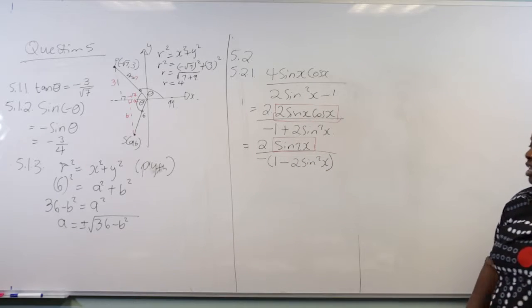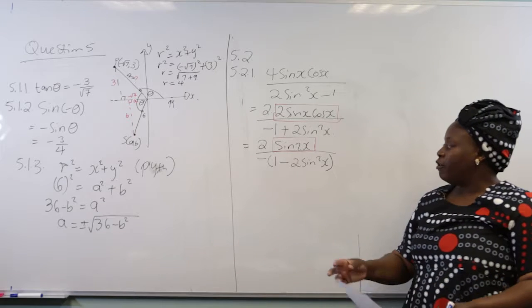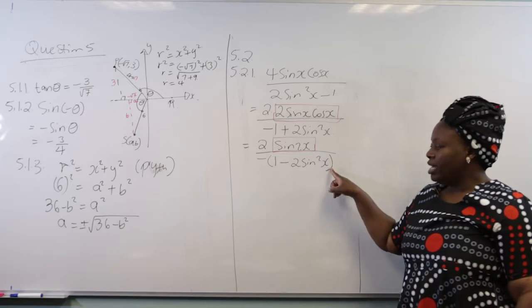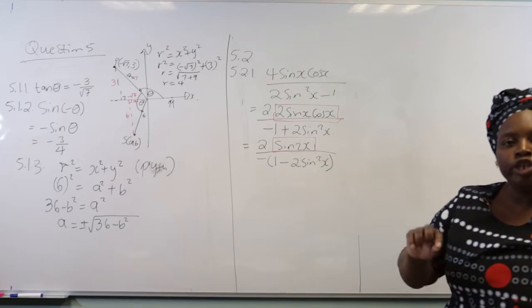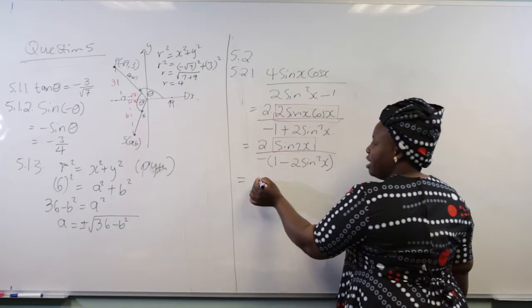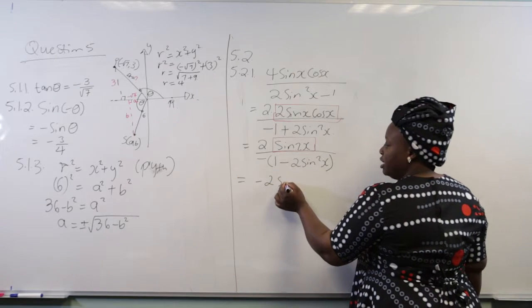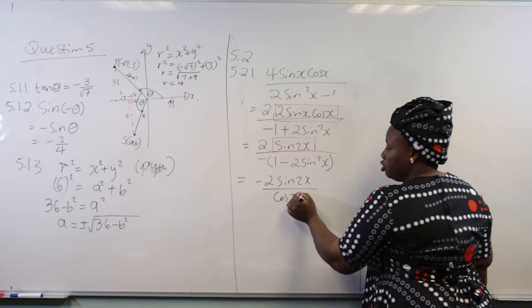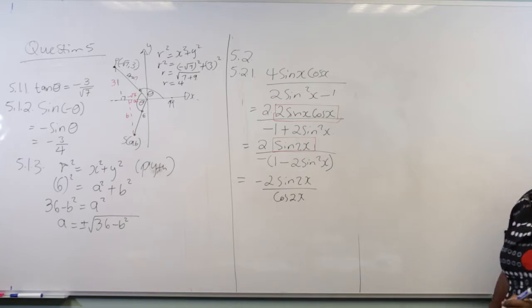Folks, I'm doing this so that it will accommodate what is on my formula sheet, because 1 minus 2 sine squared x is the same as cos 2x. So it means I can change now this to cos 2x. I'll have a negative 2 sine 2x divided by cos 2x. Can you see I'm leading to what I want?